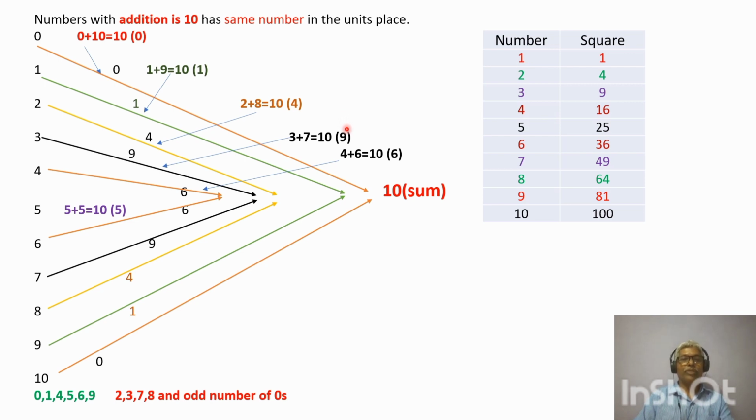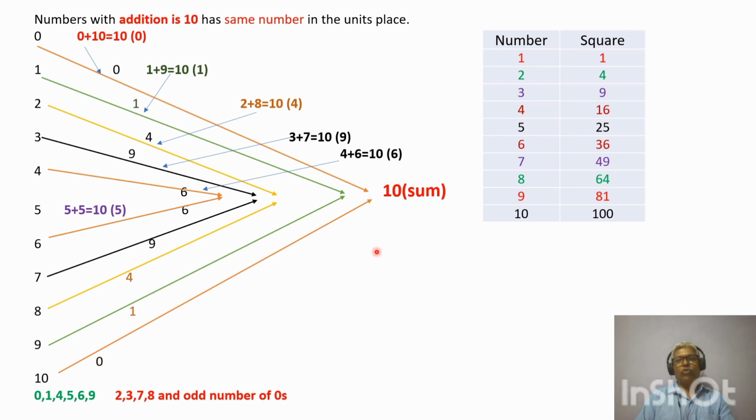For 4, it is 6. 4 plus 6 is 10, so that is 6. So you can remember 0, 1, 4, 9, 6. And for 5, it's always 5, because 5 plus 5 is 10. And for 10, it is 0.